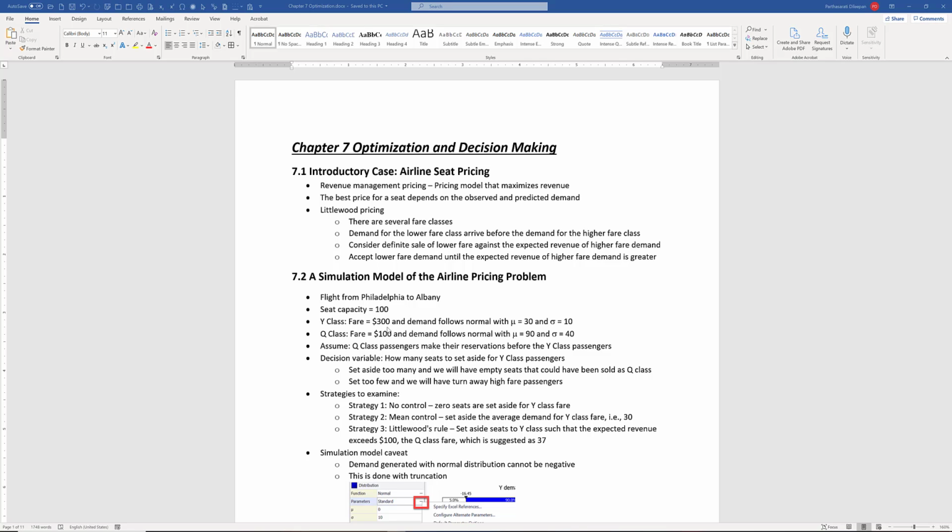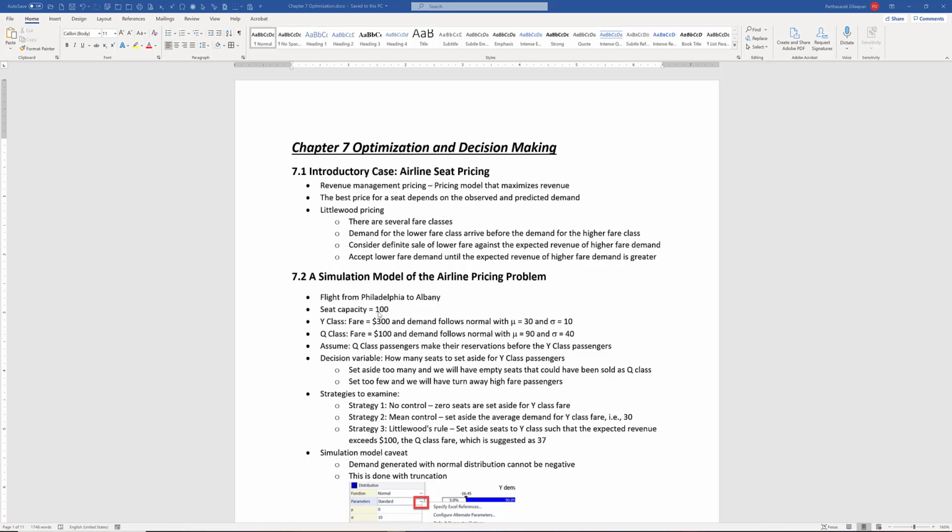So if the probability of selling Y class is more than a third, at least 1/3, then it makes sense to hold that seat and not make the sale at the $100 price level. But if that probability is less than a third, then it makes sense to sell the seat at $100.